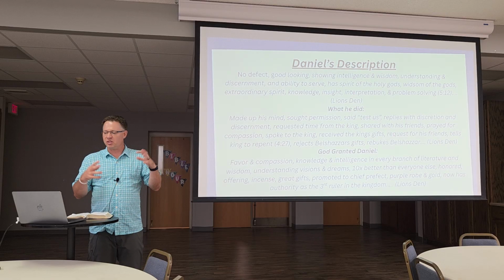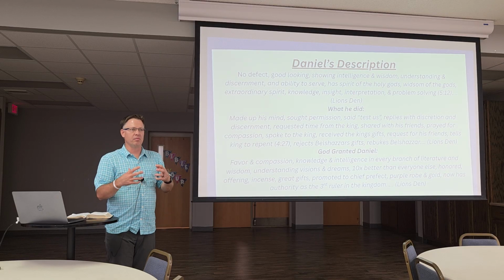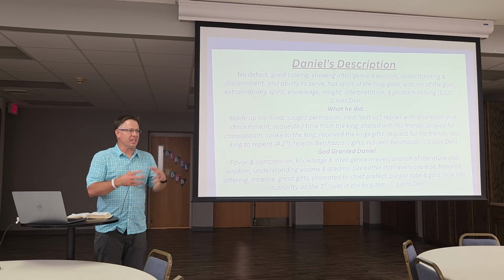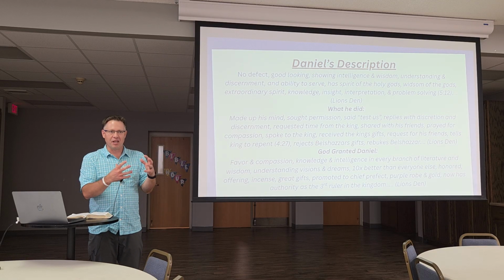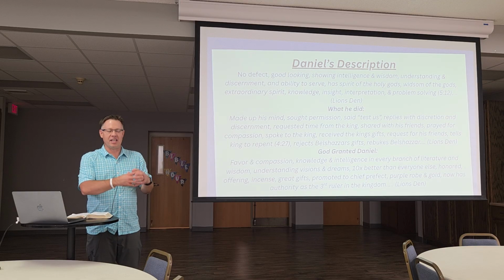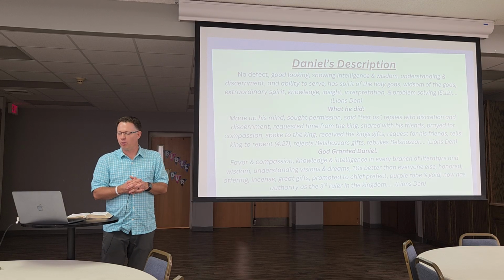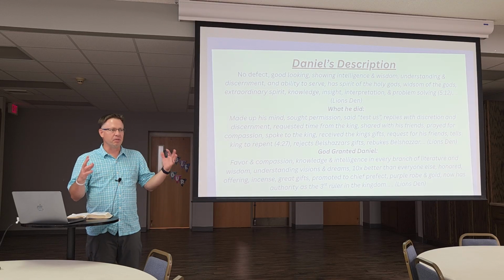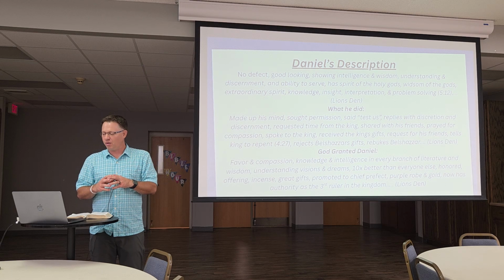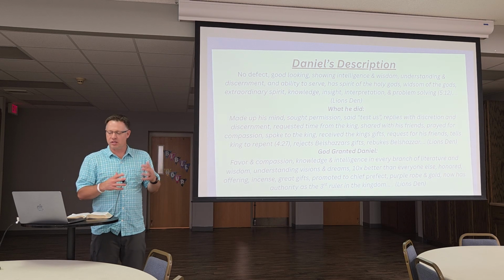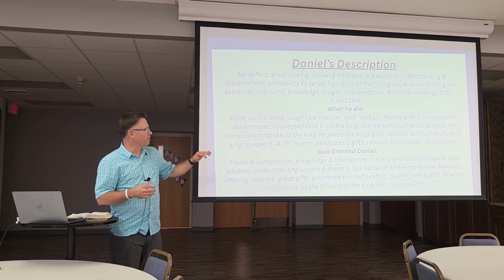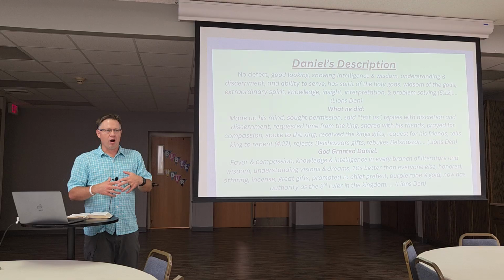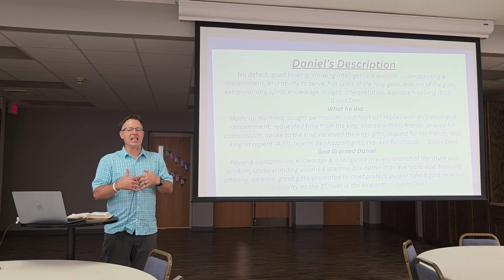From the very beginning, there's this description of how he's chosen to be in the king's group, in the servant pool, and then he gets selected into that group. But there's intelligence and wisdom, he's good looking, there's understanding, there's ability to serve, there's problem solving, there's interpretation, and then there's this part about what he did. You're able to reflect on these 6 chapters, the things that he did.